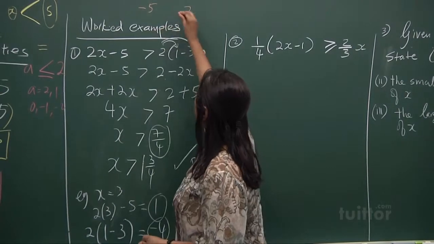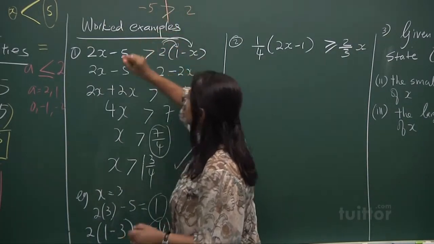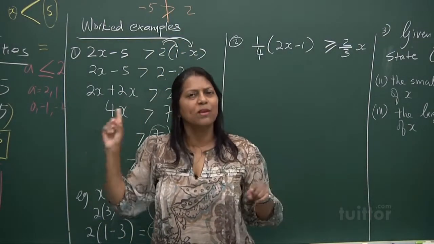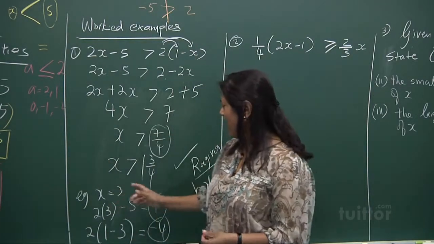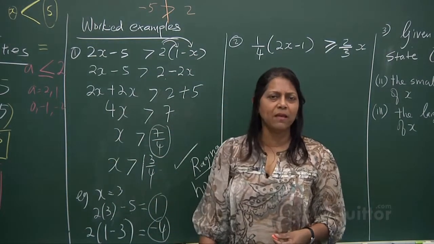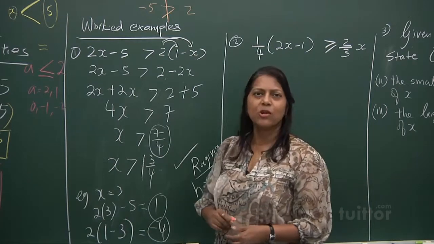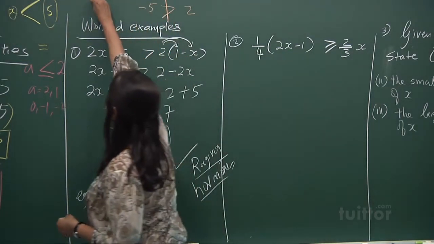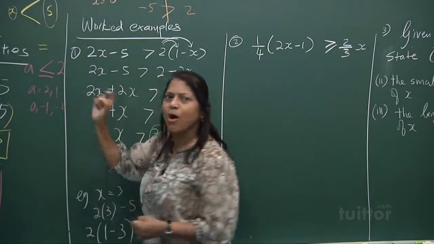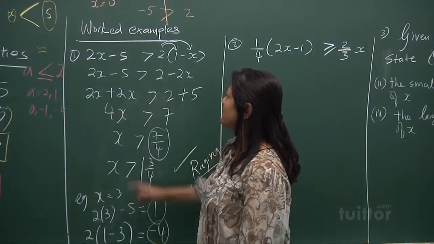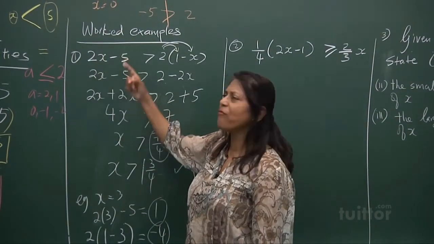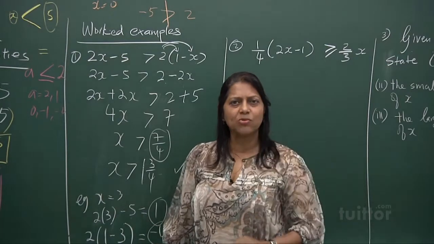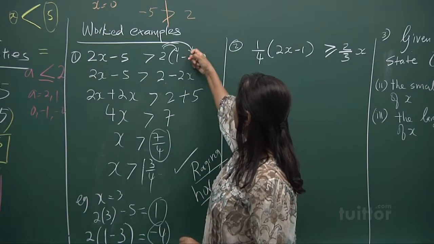Is minus 5 bigger than 2? Oops! No. So it does not satisfy, you see. x must be bigger than 1 3/4. When we put x as 0, it does not work. Even if x is 1, 2 take away 5 is a minus 3. Yes, here, you take a 1.